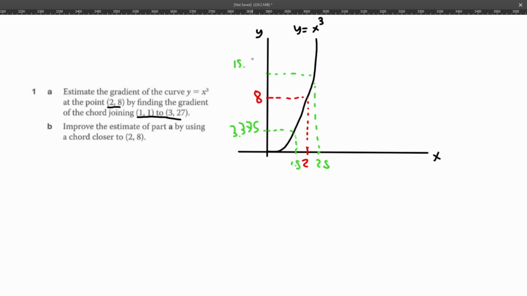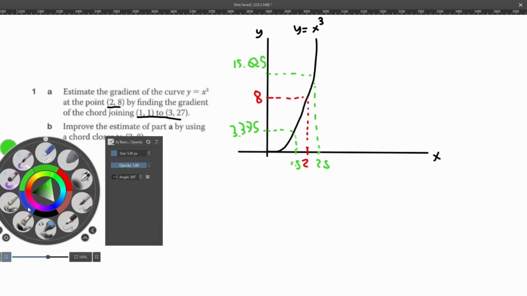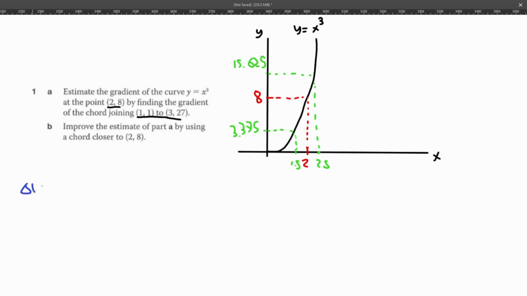And now, using a similar method, our change in y divided by our change in x is going to be 15.625 minus 3.375 divided by 2.5 minus 1.5.